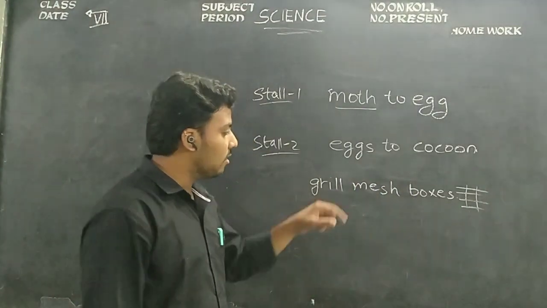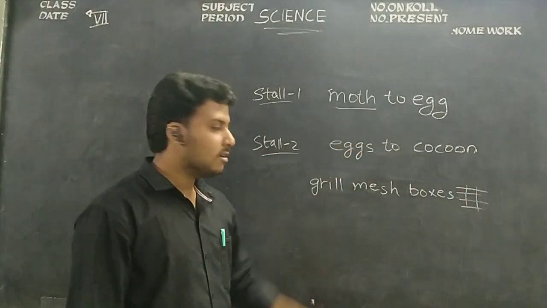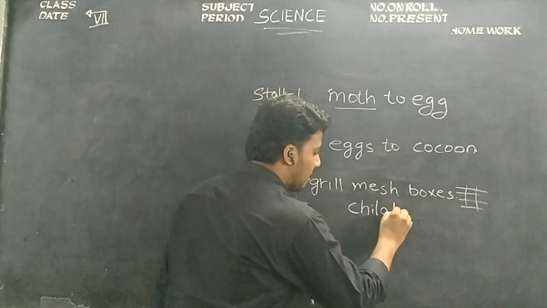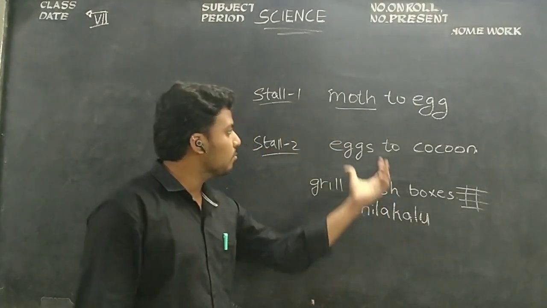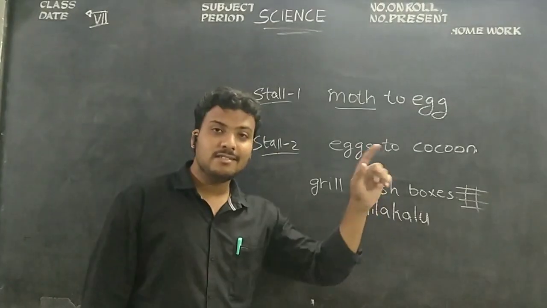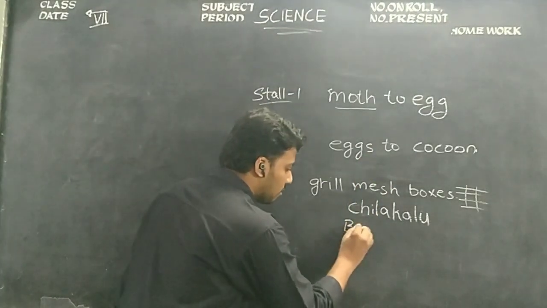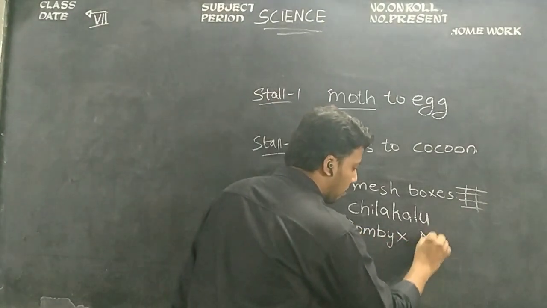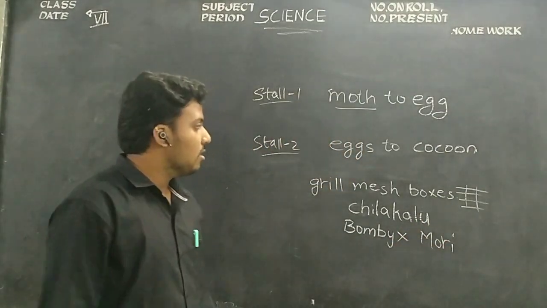There is a name for these moths, children, that is nothing but Chilakalu. Okay, children, there is another name for it, that is Bombyx mori, children.